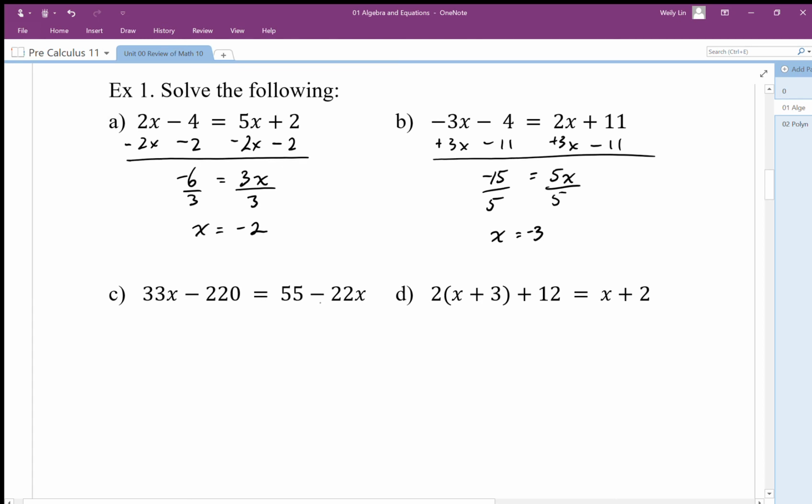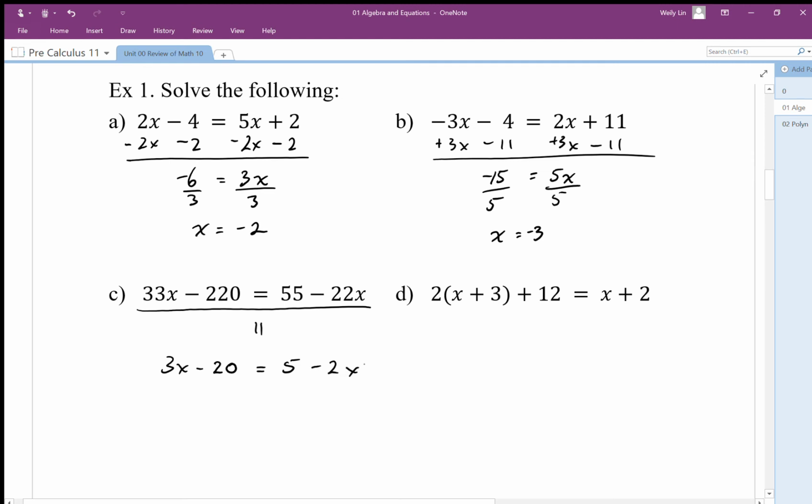In this case, I notice that everything is divisible by 11. So what I'm going to do is simplify this equation by dividing everything by 11. By doing that, I end up with a simplified form of the same equation, and this is much easier to deal with when you have smaller terms.